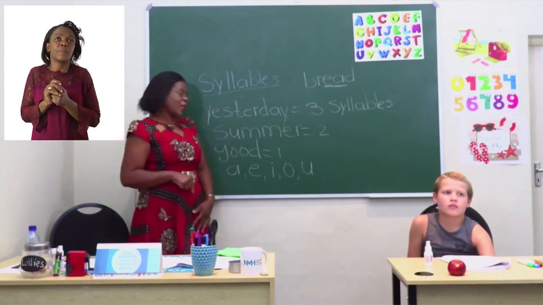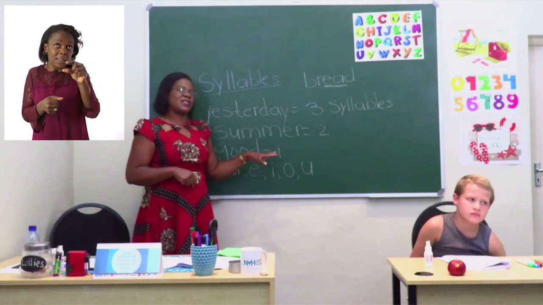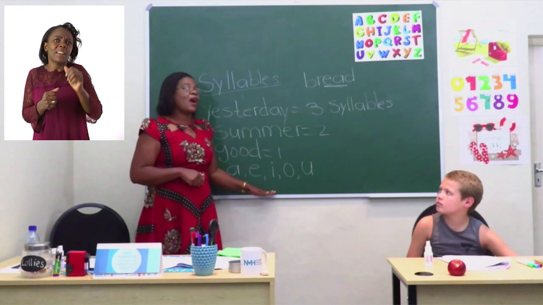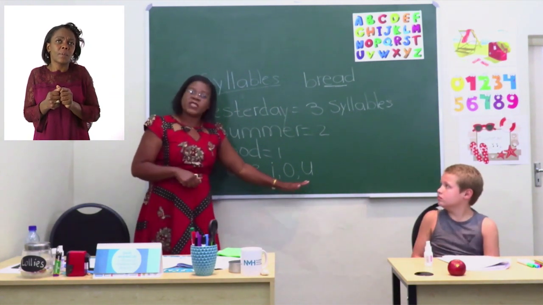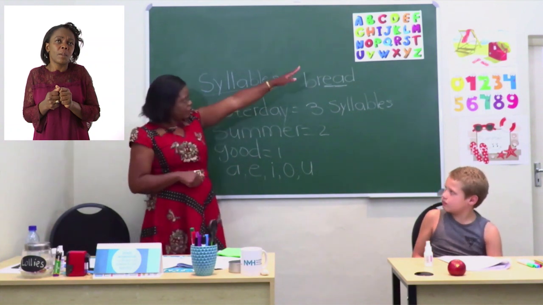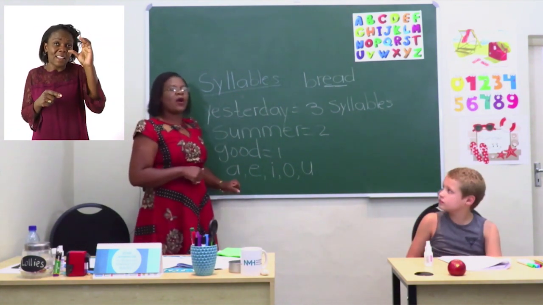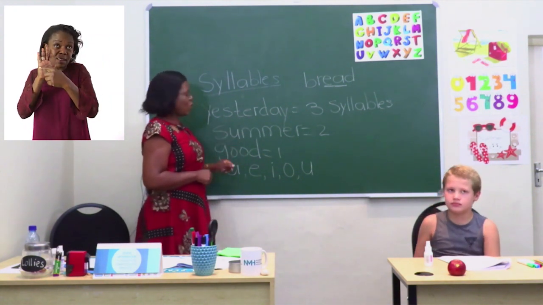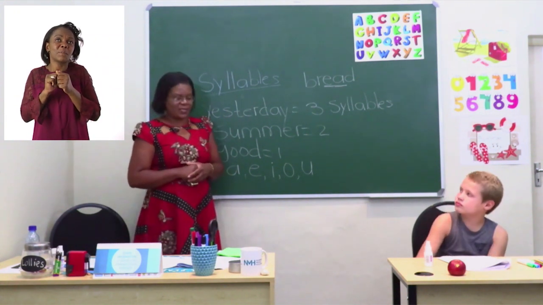But remember, there are vowels in a word and there are consonants in a word. The consonants are all the letters of the alphabet except the vowels. When you take out the vowels from the alphabet, the rest of the alphabet are called consonants. So those consonants also, you have to take into account when you are cutting your word.